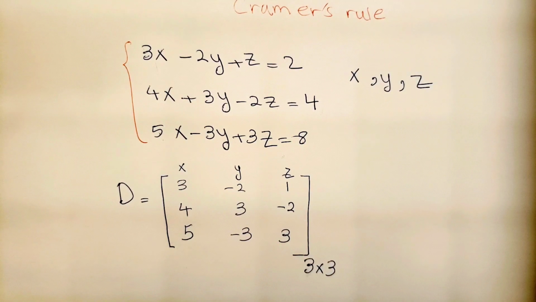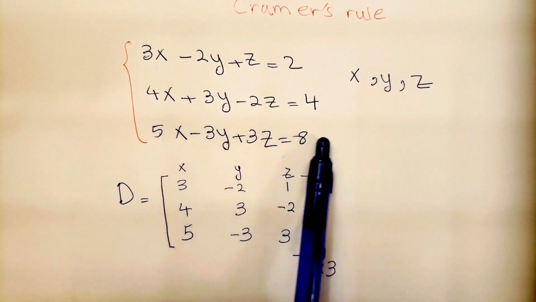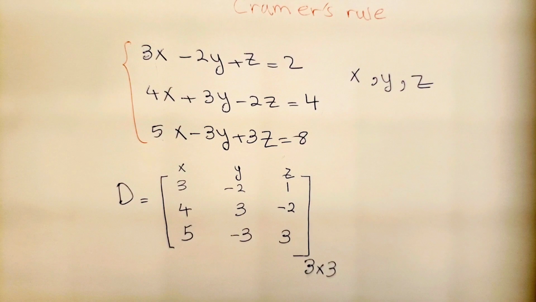So before I proceed, I have to give you a few reminders. If any coefficient is missing, you just put 0. Second, the variables have to be in order, so if they are not in the same order, you have to rearrange them.